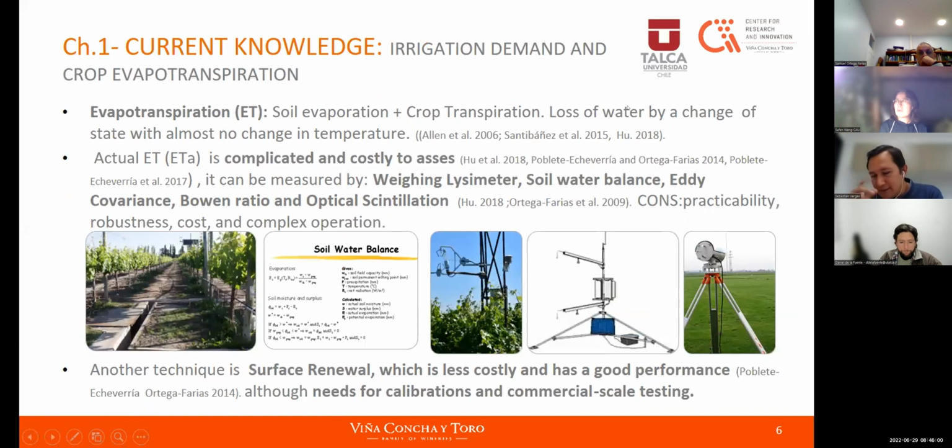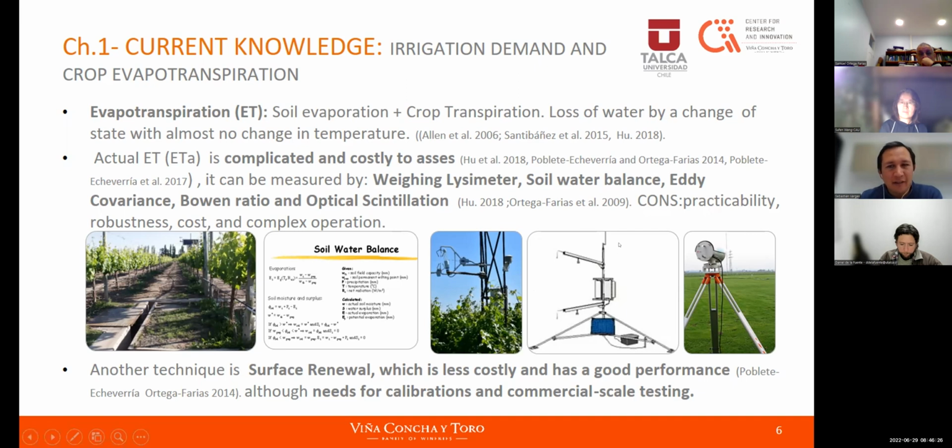There are several ways to assess evapotranspiration. Most of them are quite complicated and costly: eddy covariance, Bowen ratio, optical scintillometry, which are costly and a little bit difficult to operate.